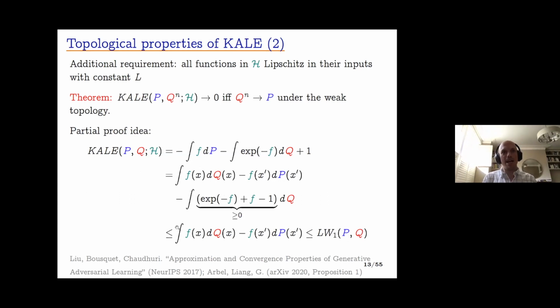And therefore, we can upper bound the KL by the difference in expectations under Q and P of f, which is in turn upper bounded by Wasserstein 1 times some constant. And so this is nice because if Wasserstein 1 goes to 0, which it does under weak convergence, then that forces KL to go to 0.